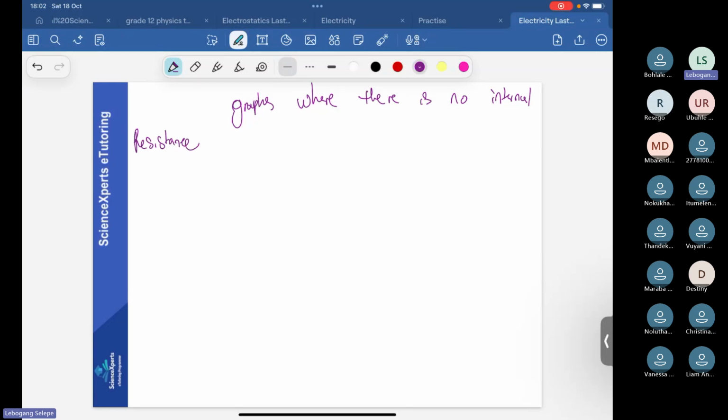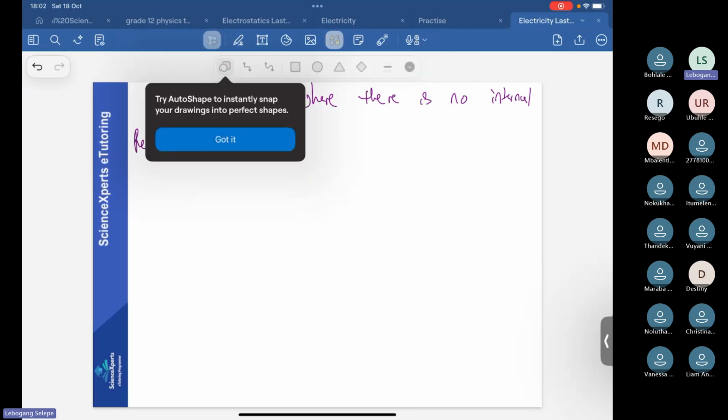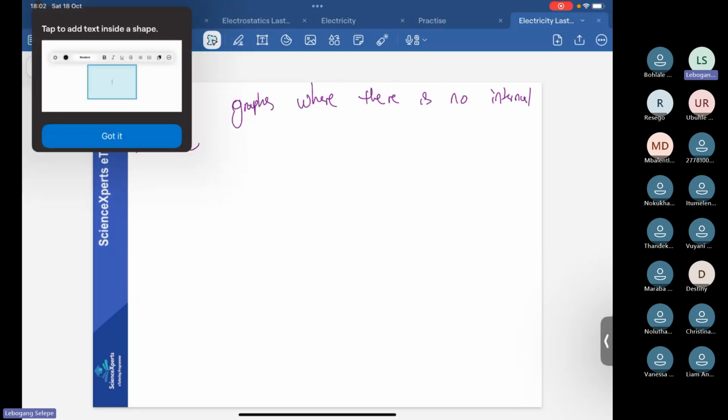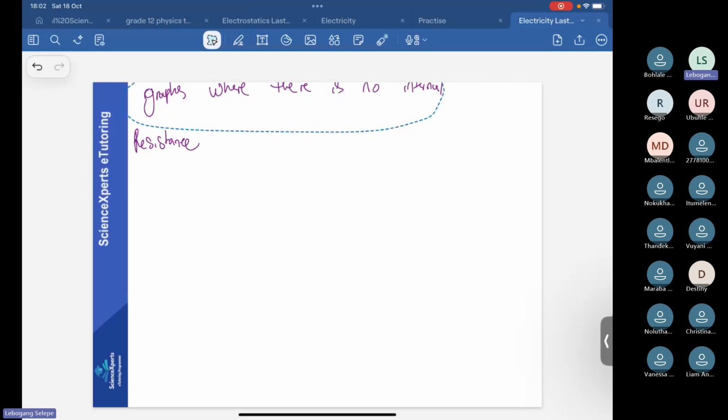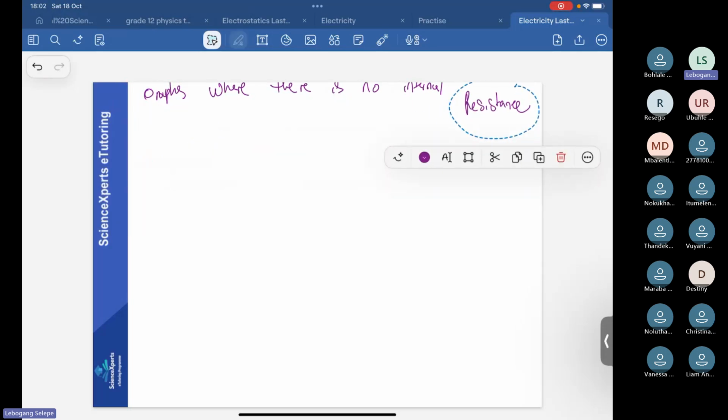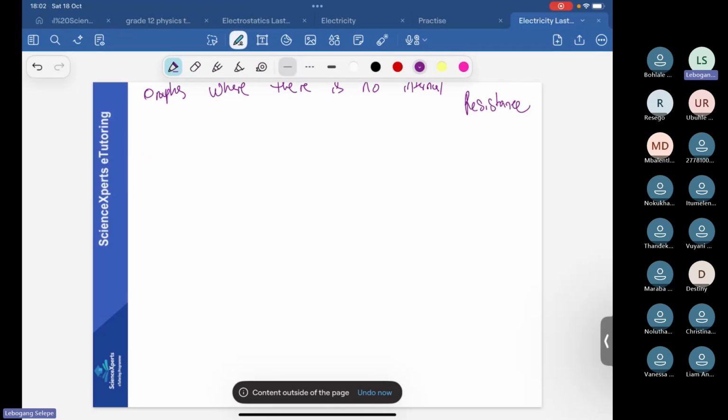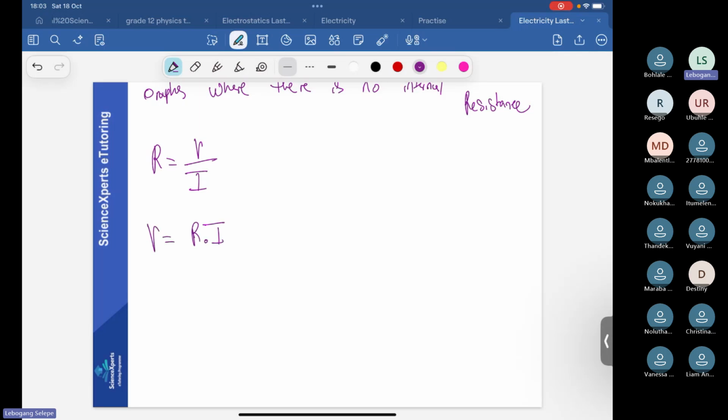For graphs where there is no internal resistance, Ohm's law says that R equals V over I, right? So if I want to show a graph showing the relationship between V and I, I would say that V equals R multiplied by I, right?